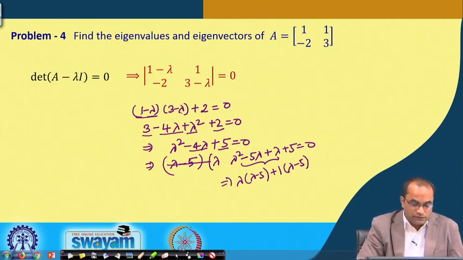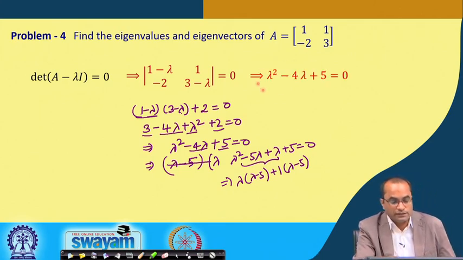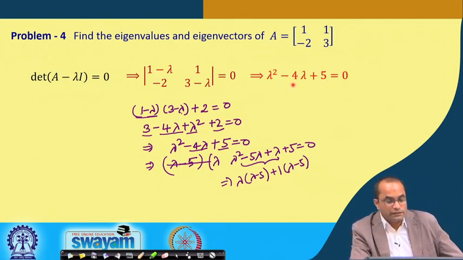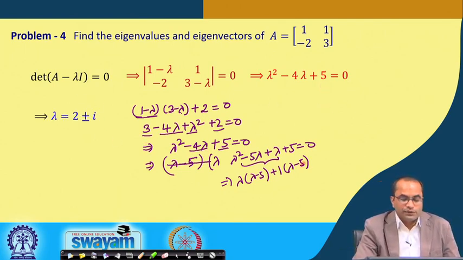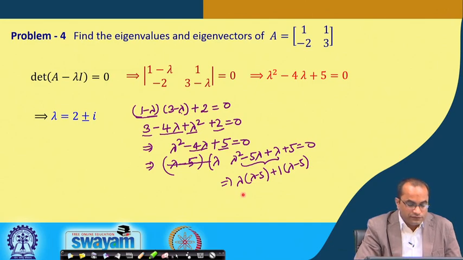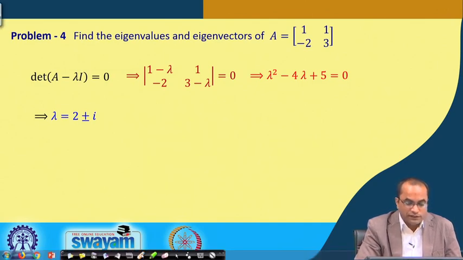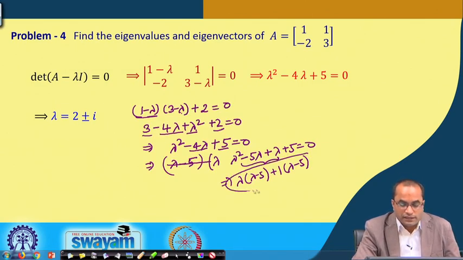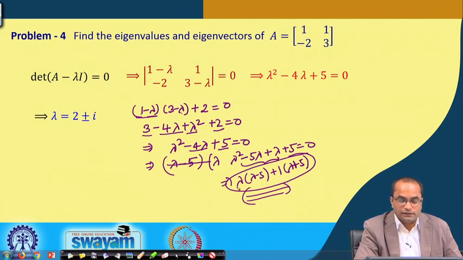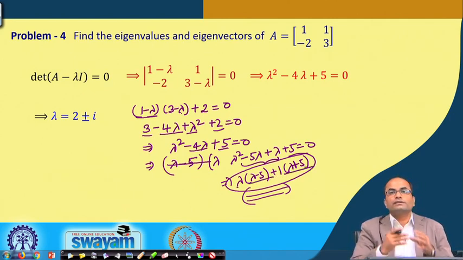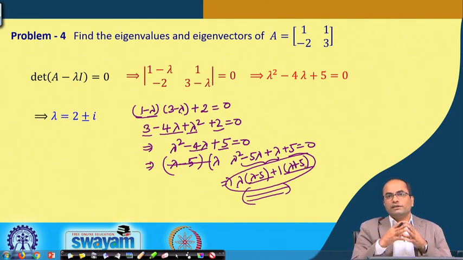So, let us just check here that the equation is lambda square minus 4 lambda plus 5 exactly, and it does not have real roots. So, that is the point here, we are not getting any factorization in this case. The factorization was not possible because this equation does not have a real root.